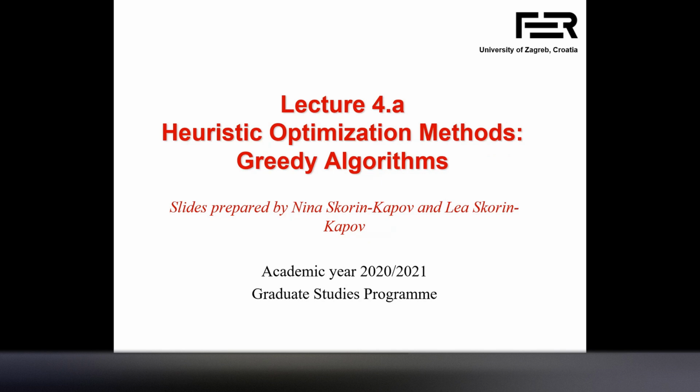I'm sure you're all more or less familiar with this concept of greedy algorithms. What are the defining characteristics? First of all, we're looking at iterative and constructive heuristics. So what does that mean? First of all, we start with an empty solution. When we say we're looking at a constructive algorithm, in each iteration, we're trying to fix a certain solution component. For example, we're looking at finding the shortest Hamiltonian cycle in the traveling salesman problem.